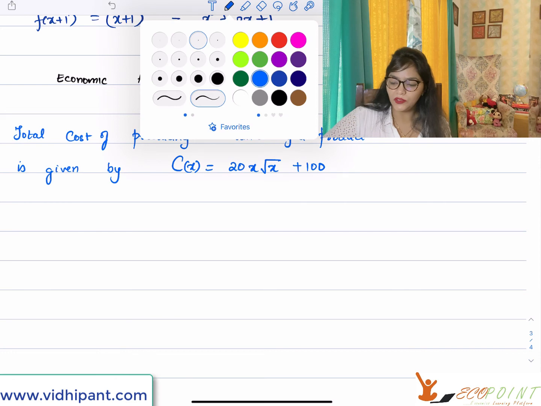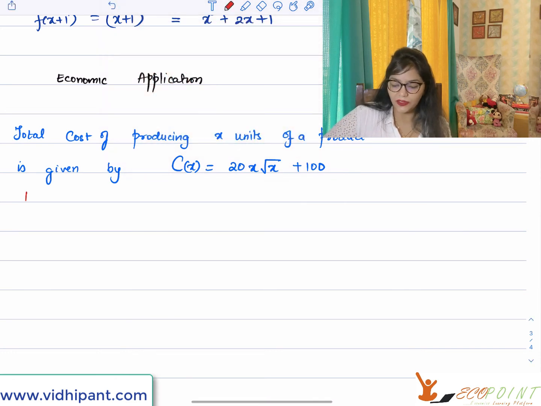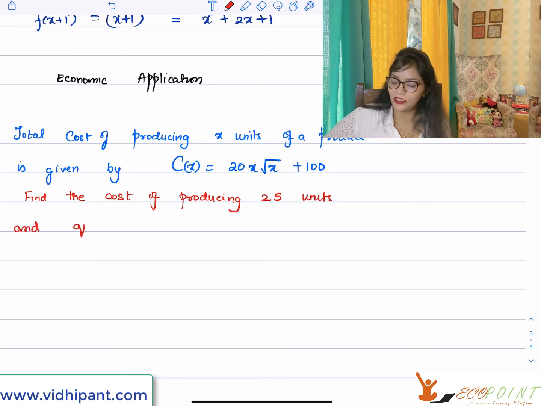And what we wish to find out here is to find the cost of producing 25 units and respectively then q units. And then I also want you to find out the marginal cost. So I just want to talk about this concept of marginal cost here.